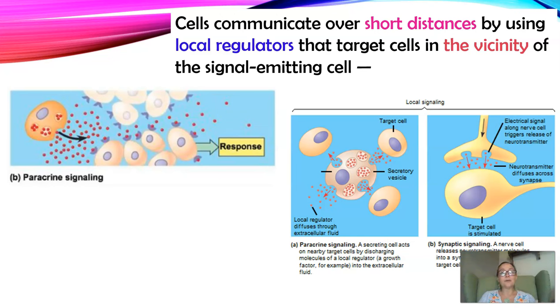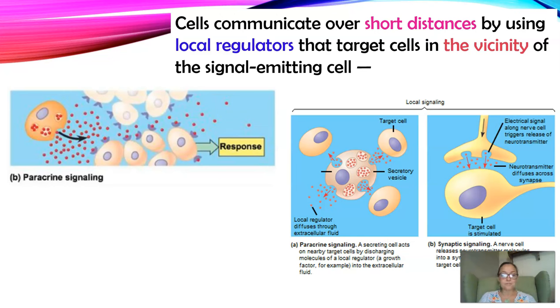There's also, in your inflammatory response, chemokines and histamine that are released in your second line of defense that only travel a short distance. But we could also talk about growth factors, like platelet-derived growth factor, that only travels a short distance.